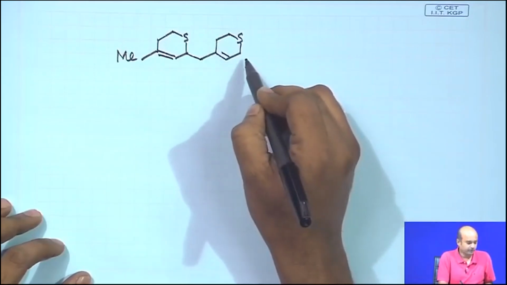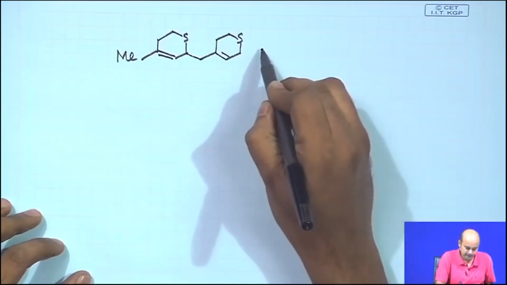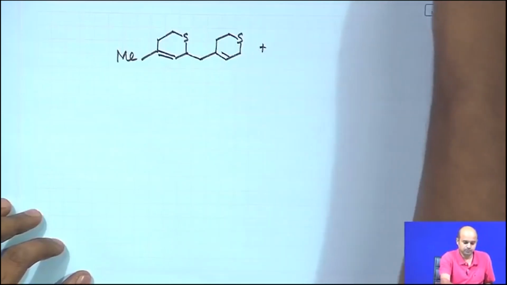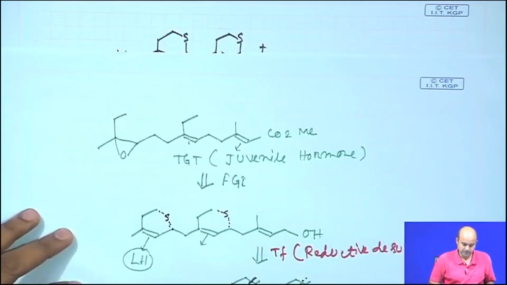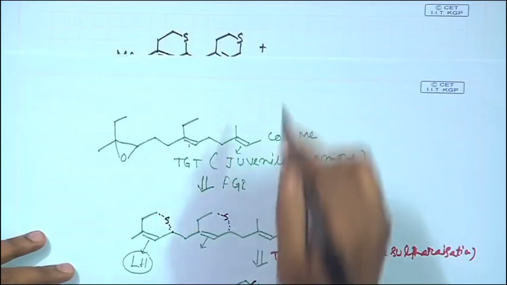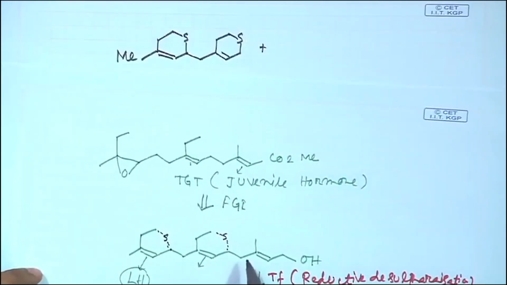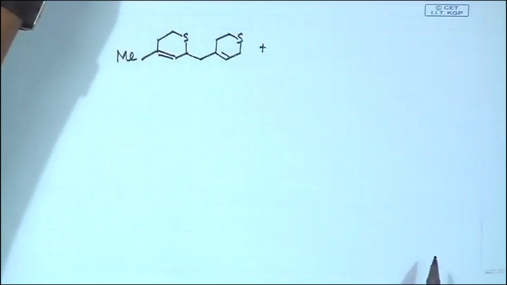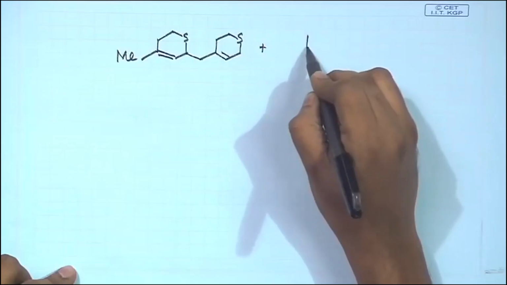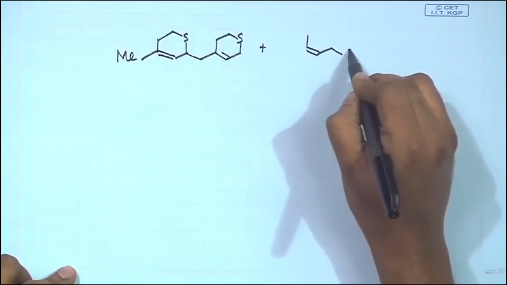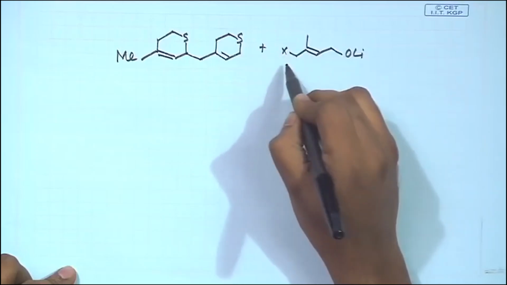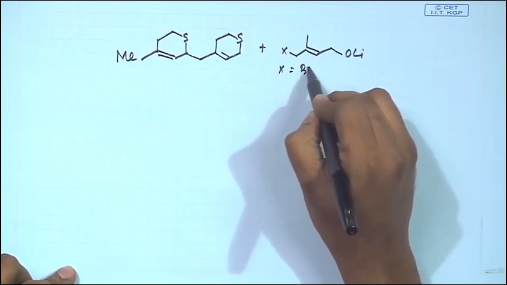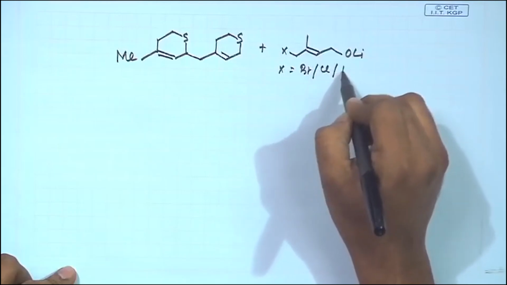This is one of the intermediates we say, and you take its structure, the final structure or this structure, and give a retro here, and then we will introduce this part through this X, which could be bromo or chloro or iodo.